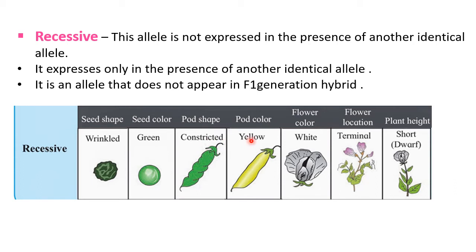Then pod color: the yellow color of the pod is one of the recessive traits. Then flower color: in pea plant, the white color of the flower is a recessive trait. Then the flower location or flower position: the terminal flower is one of the recessive traits. And in the last, we see the short or dwarf pea plant, which is one of the recessive traits.